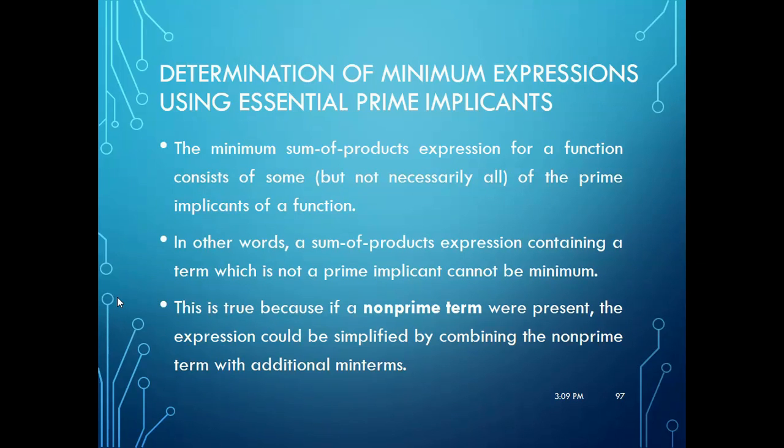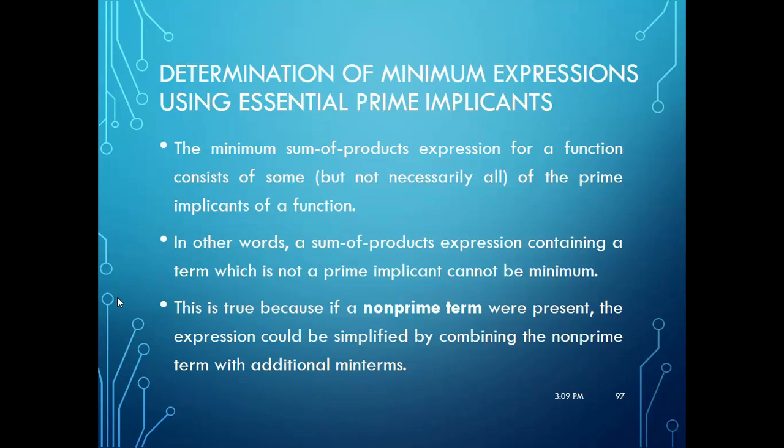Here the heading says determination of minimum expressions using essential prime implicants. So you are going to form the minimum expression, say F, for example F is equal to A bar B bar D plus B C bar plus AC. This expression will contain some of the prime implicants.